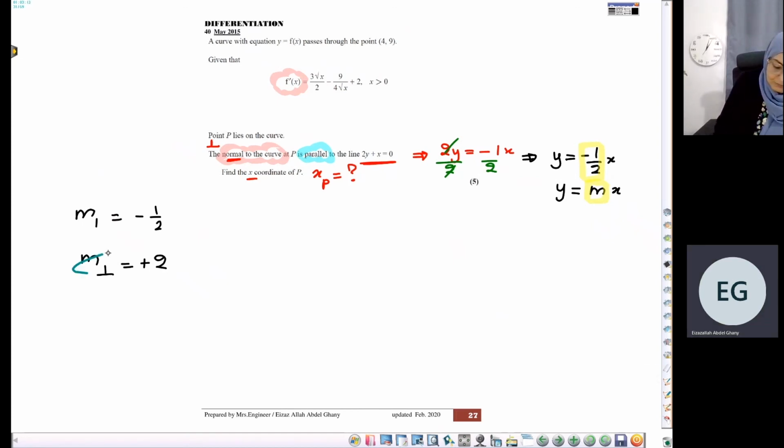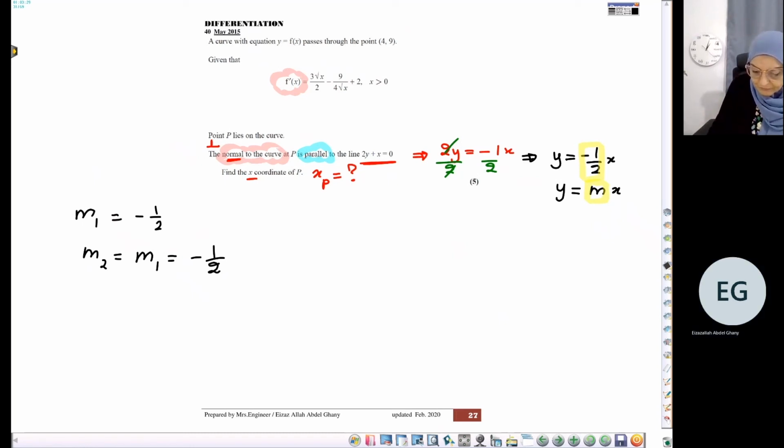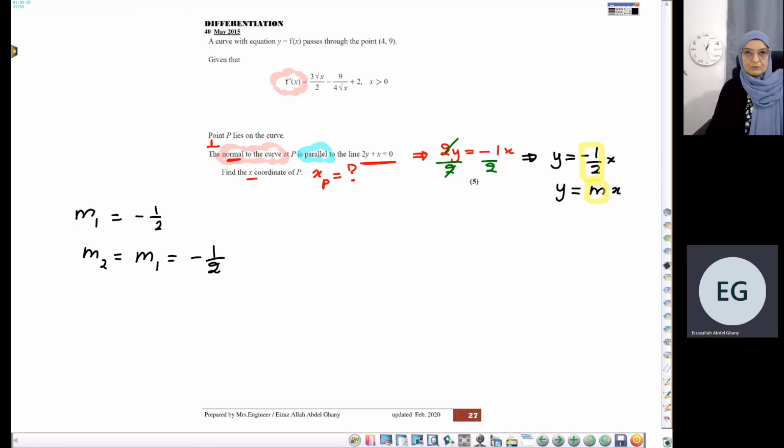No, I'm sorry. We have to say first that the second gradient is equal to the first gradient, and both of them have the value of negative half. But it is normal to the curve.